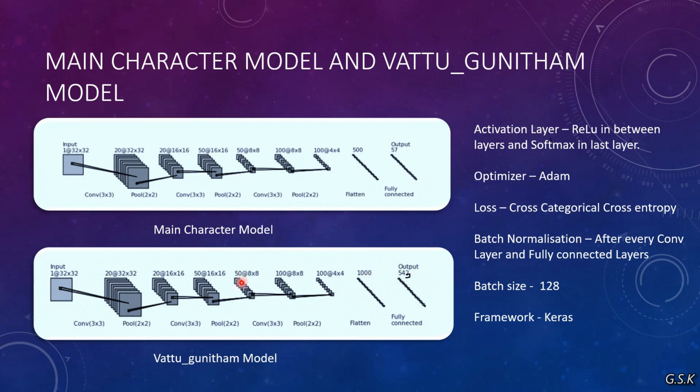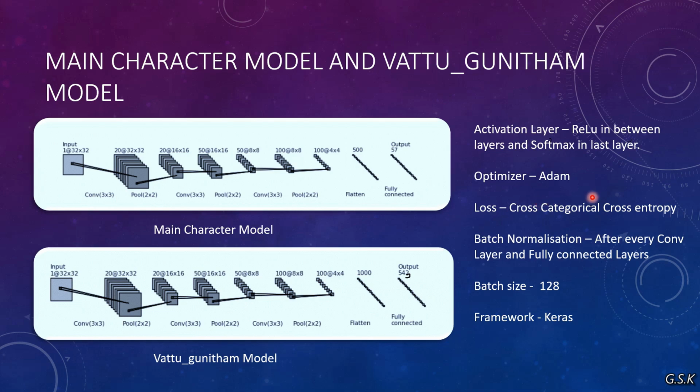These two models are constructed using 3 convolutional layers, 3 pooling layers and 2 fully connected layers. They are pretty much similar, except in the last 2 layers, where there are more units in the case of the Vattugunitham model. We used the ReLU activation function after every convolutional layer and softmax in the last layer.